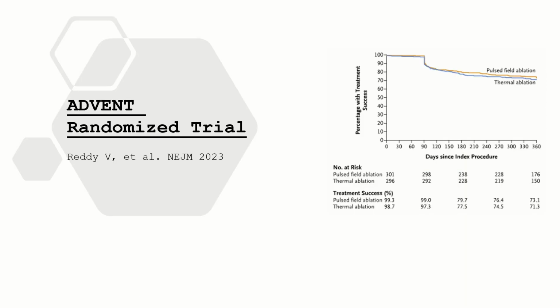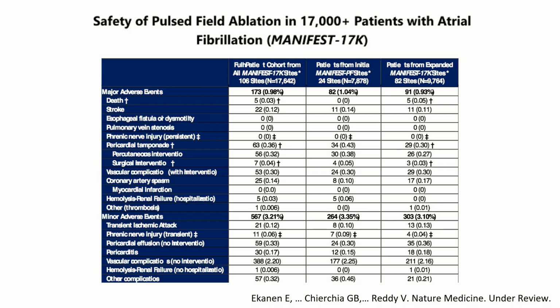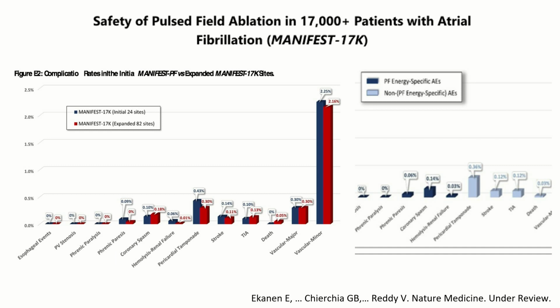The Advent randomized trial has shown that basically the outcomes are similar, or at least non-inferior to thermal energy, and that safety, with experience mounting up, is gradually getting better and better, with very, very few energy-related complications, as you can see here from the MANIFEST registry.